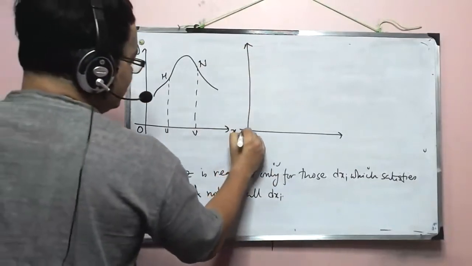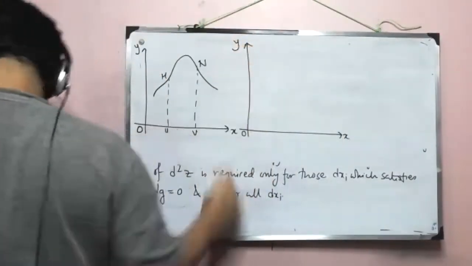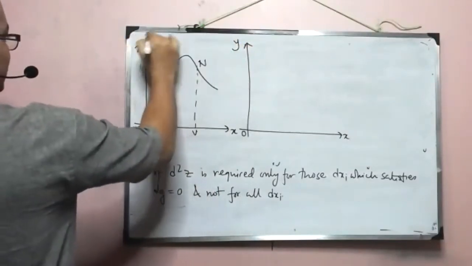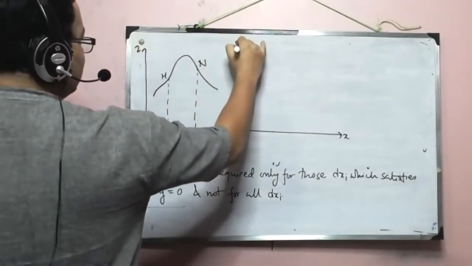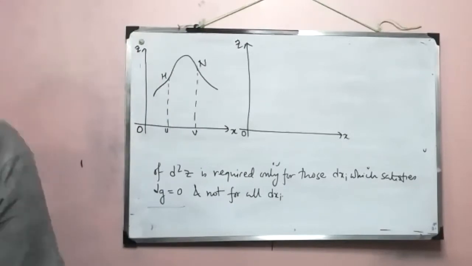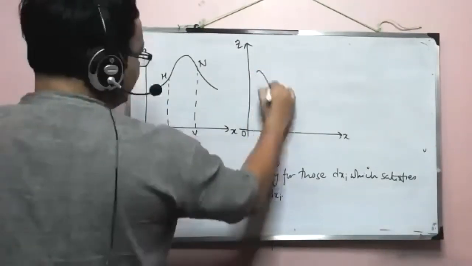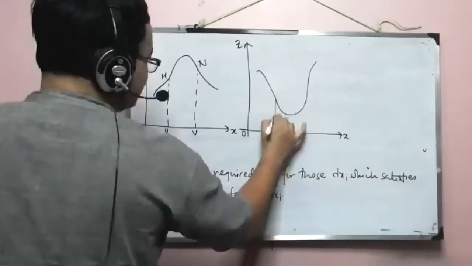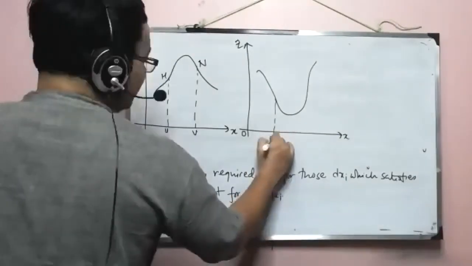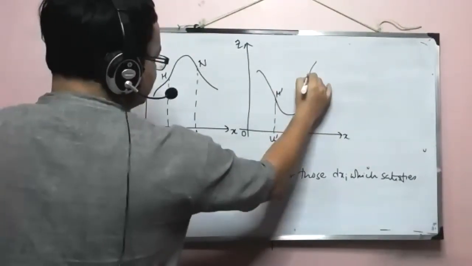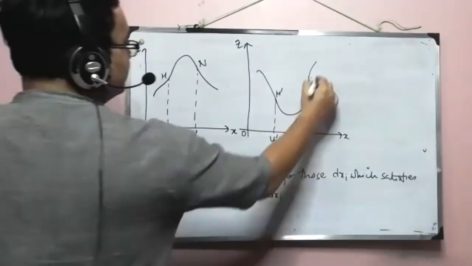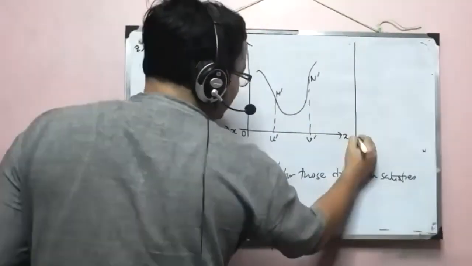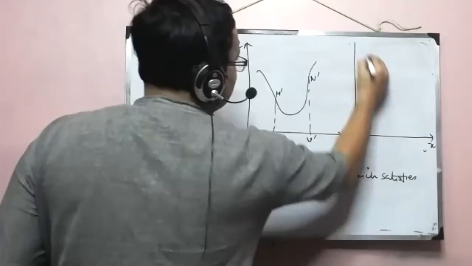The next one is kind of symmetrically opposite, with respect to the, sorry, this will be Z, not Y. So here we'll name the points U dash, M dash, then N dash and V dash. And then there is a third figure, which is different in look.